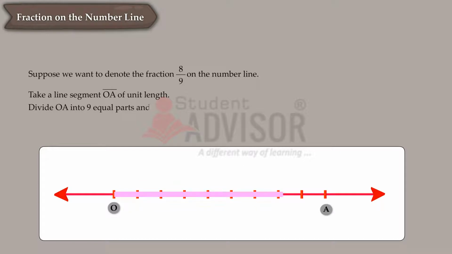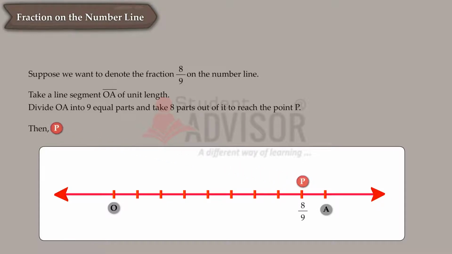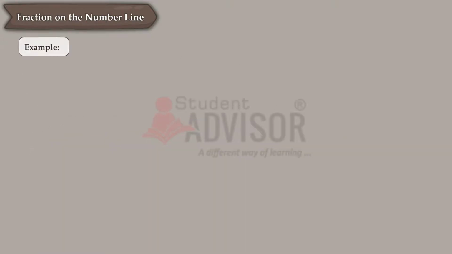And take 8 parts out of it to reach the point P. Then the point P represents the number 8 by 9. Study the given example.